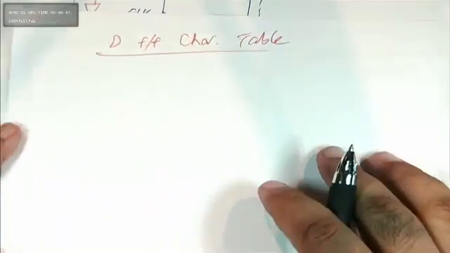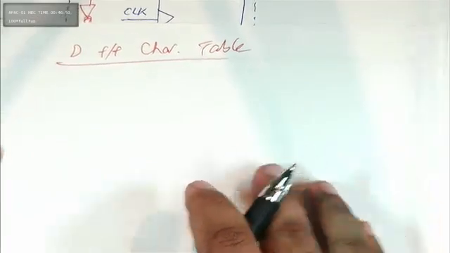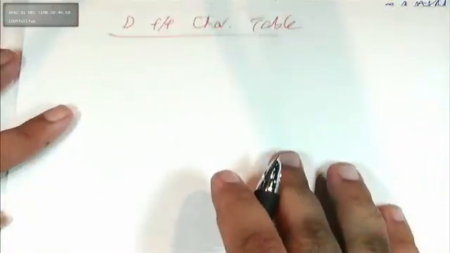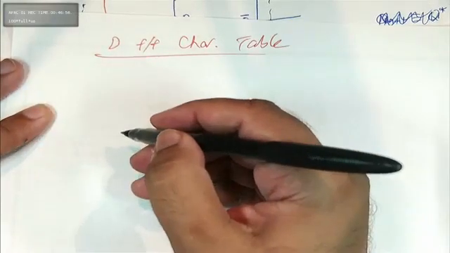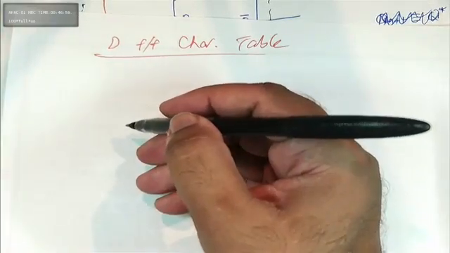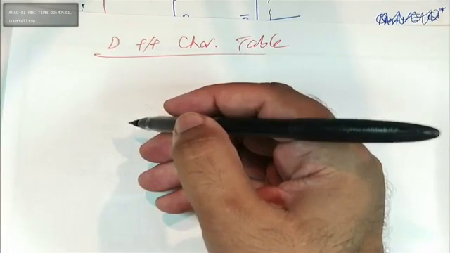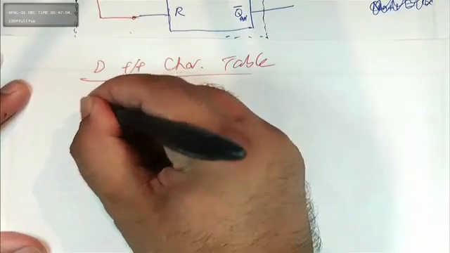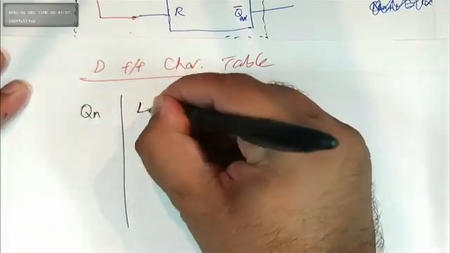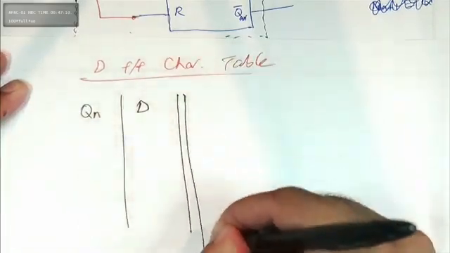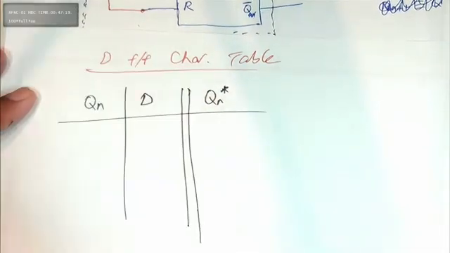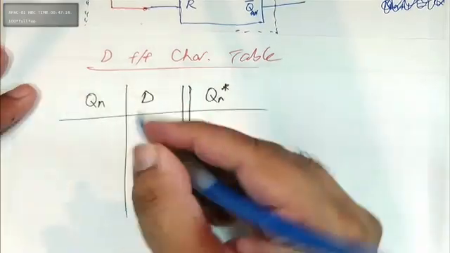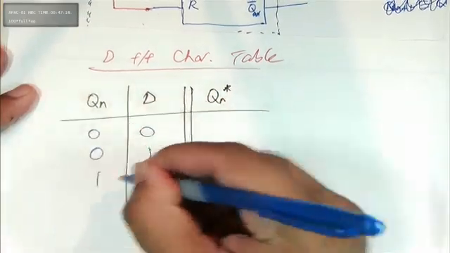Well, same story, guys. Remember how we did the characteristic table before? It's the same thing. You have Qn, D, Qn star.